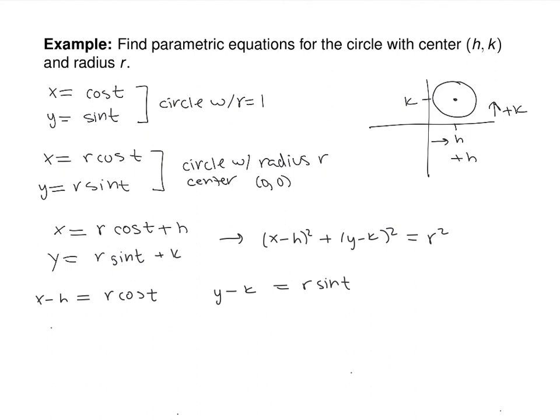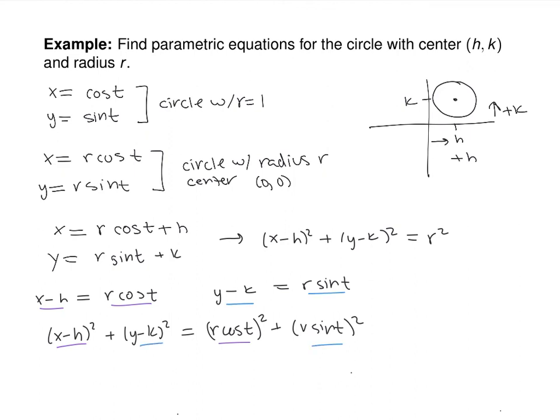And so then x minus h squared plus y minus k squared is going to equal r cosine of t, the quantity squared, plus r sine t, the quantity squared. And that has to be true because if x minus h equals r cosine t, those two things must be equal, and if y minus k equals r sine t, these two things must be equal.